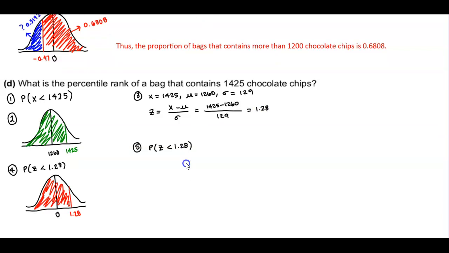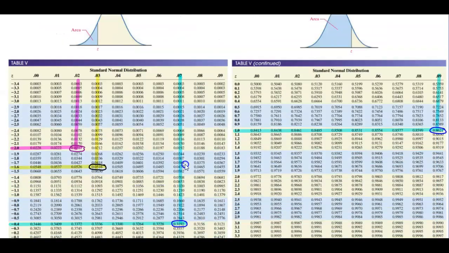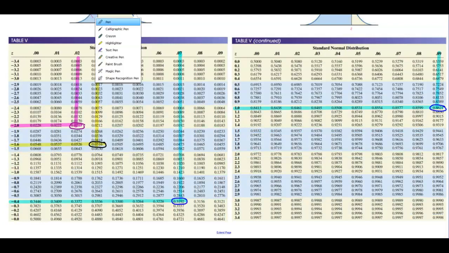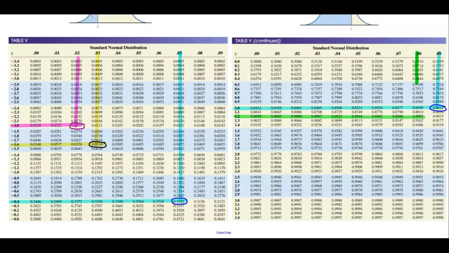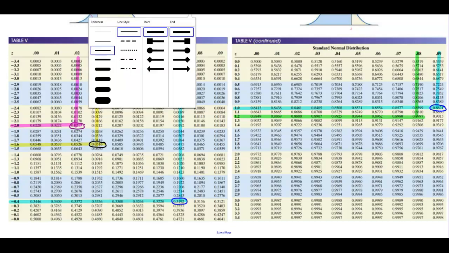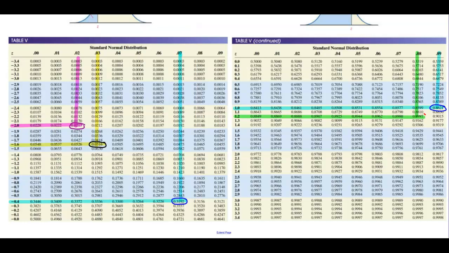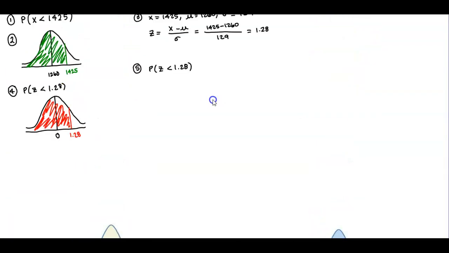We're going to go down here and look at 1.28. So we have 1.2, and we're going to go all the way to 0.08. And from here, we can see that the area is going to be 0.8997. So the probability there is 0.8997.